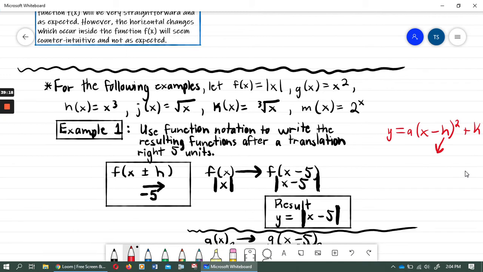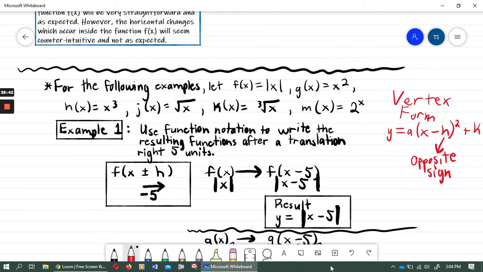So it's not that different, guys, from what I had already told you, where you have to use the opposite sign of what's there.